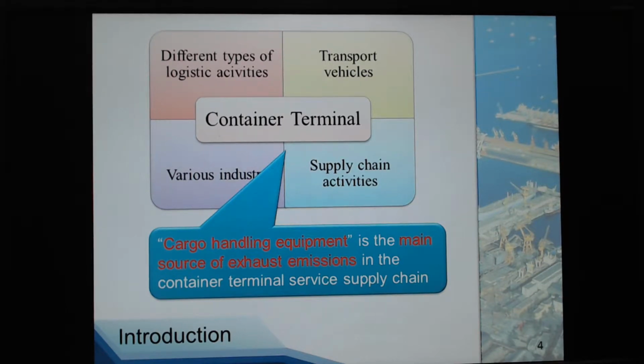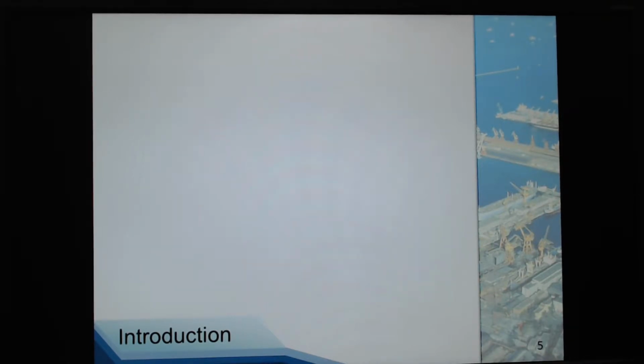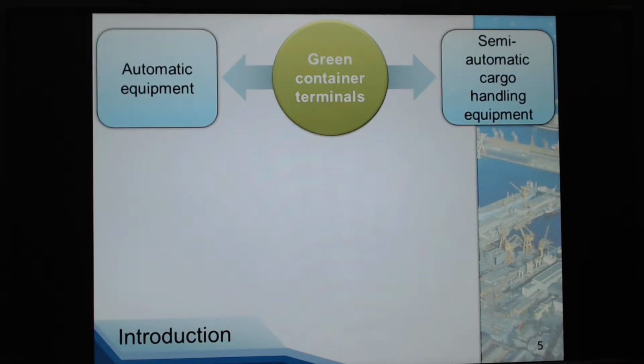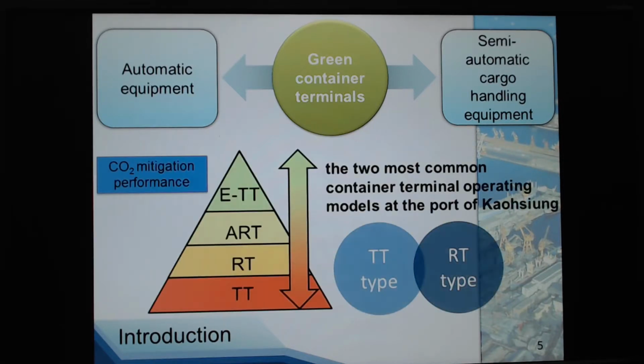Because cargo handling equipment creates a lot of pollution, including noise pollution, air pollution, and CO2 emissions, so far a lot of scholars and academic research have emphasized green container terminals. So maybe we can use automatic and semi-automatic cargo handling equipment.